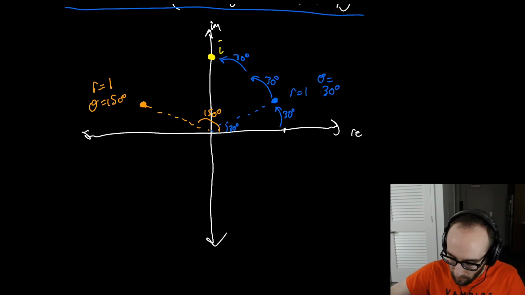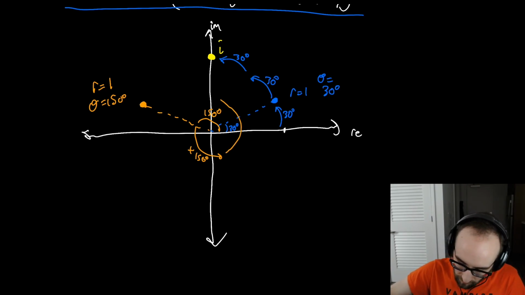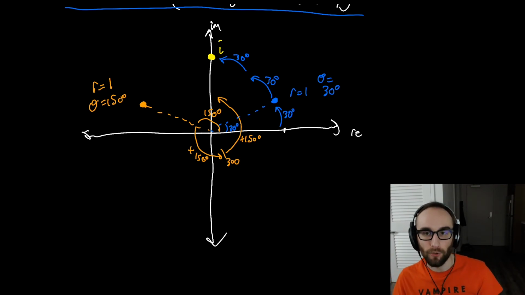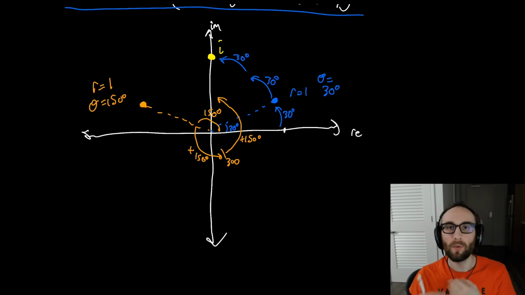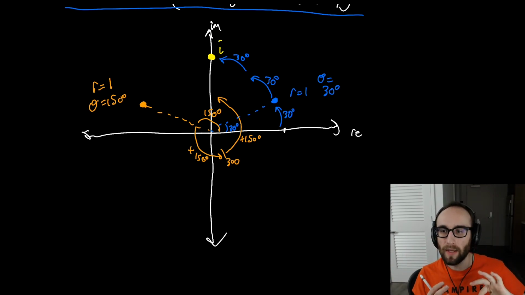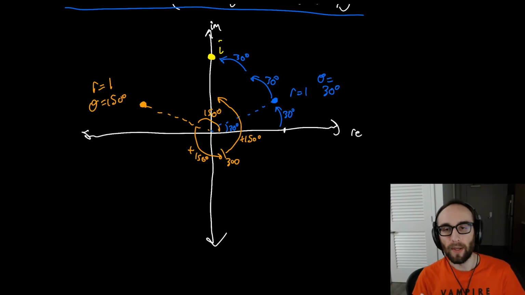So 150 plus 150 gives us 300, plus another 150 gives us 90 degrees. So here, when we add 150 3 times, or multiply it by 3, because of the cyclical nature of the complex plane, we end up back at 90 degrees.